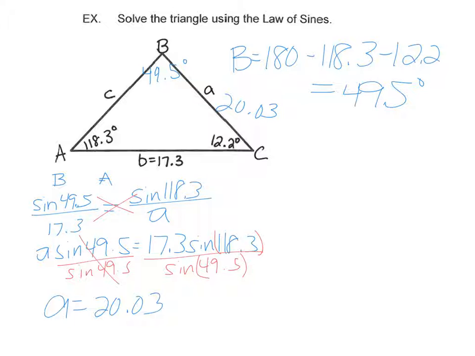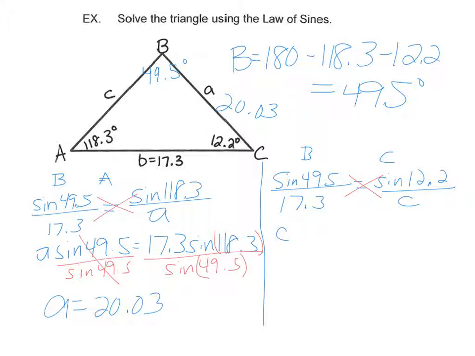Setting up the B's then, again, we have sine of 49.5 over 17.3, and now I'll have to set that up against the C's. Sine of 12.2 over side C, which we don't know. Cross multiply. Let me draw a line down here so I can separate the work. C sine 49.5 equals 17.3 sine 12.2.